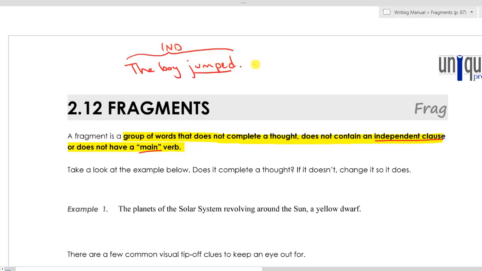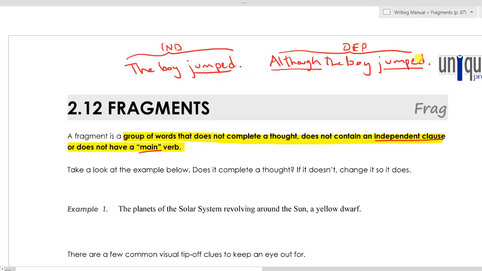Now, if I were to change that to, although the boy jumped, now what I have done is I have put this jumped, which was my main verb, into a dependent clause. By throwing this although at the beginning of this independent clause, I have now created a dependent clause.